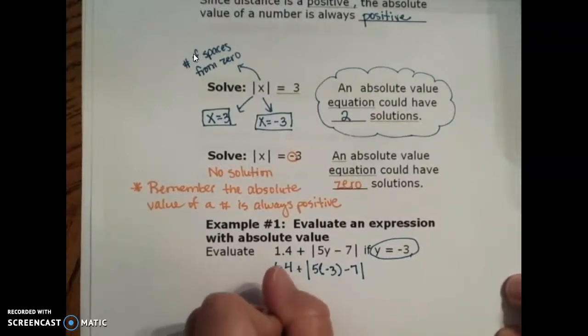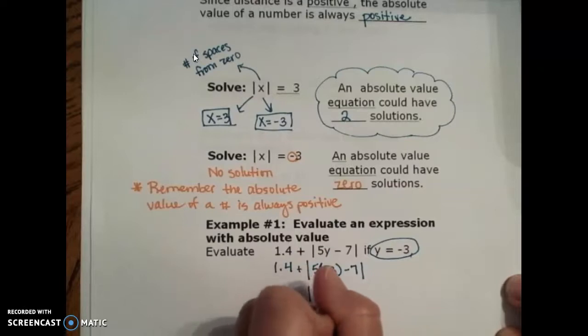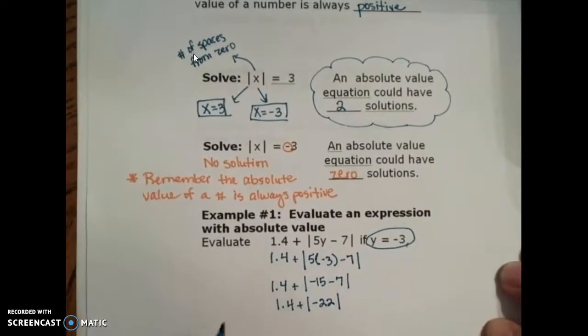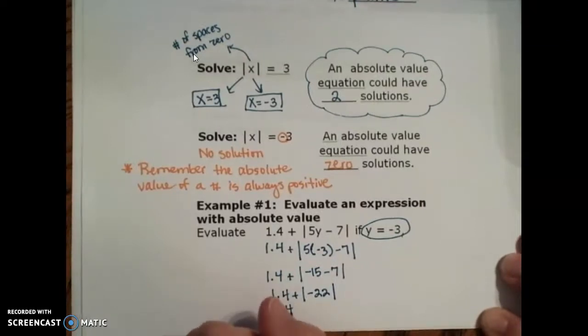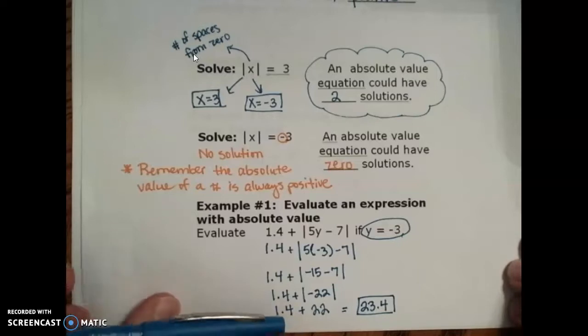You're going to multiply here. So 5 times negative 3 is going to give us negative 15 minus 7. 1.4 plus the absolute value of, that would give us negative 22. And then the absolute value of any number is always the positive. So at that point, you're going to drop the bars, and we'll just add that to get 23.4 as your answer.